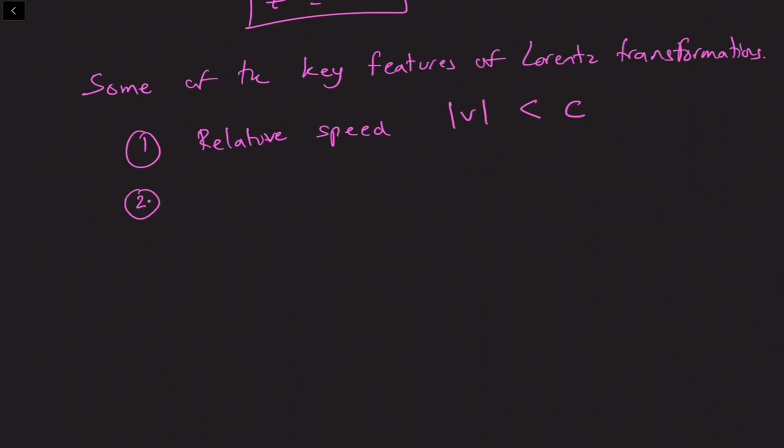Second, if I want to go from frame S to frame S prime, I use a velocity transformation parameter v. Then the inverse transformation to go from S prime to S just uses minus v. So this is about the inverse transformation.